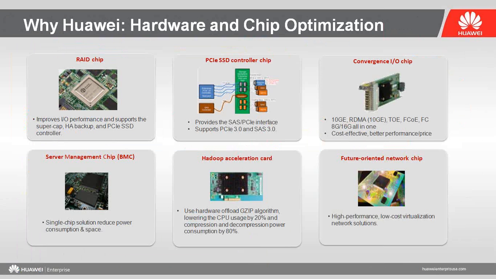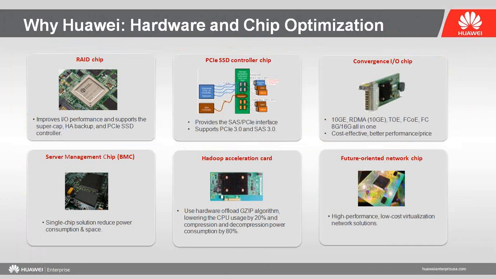So, when we talk about Huawei having 70,000 engineers, a large number of those engineers are focused on the IT product portfolio and the servers, whether they be rack mount or blades. And these are the kinds of solutions that they're really working on.